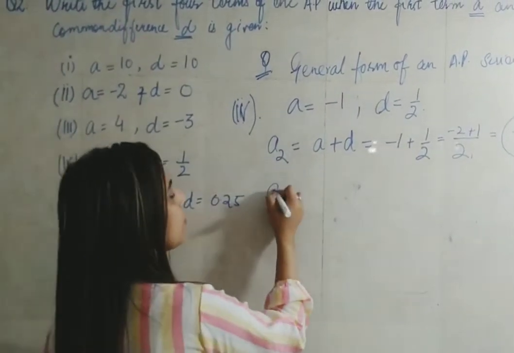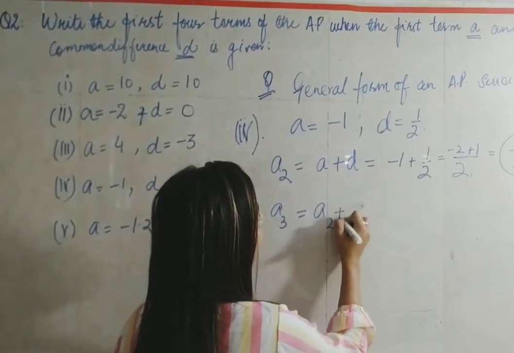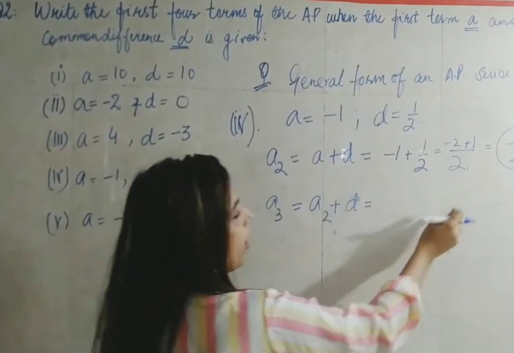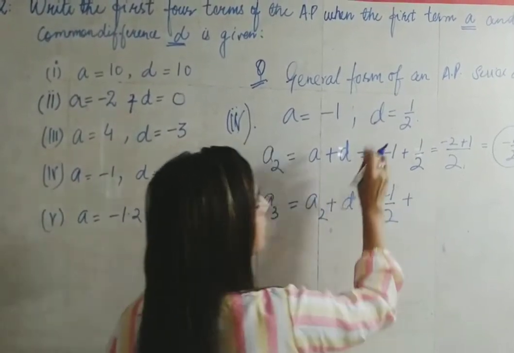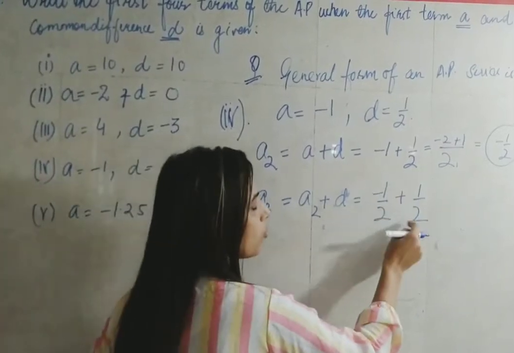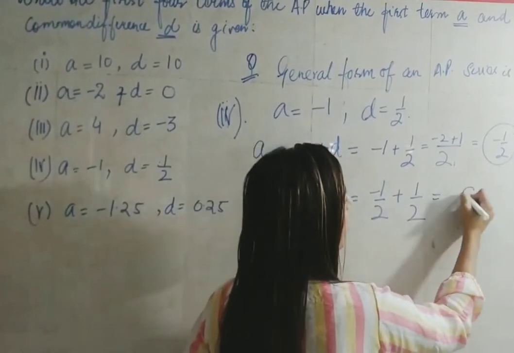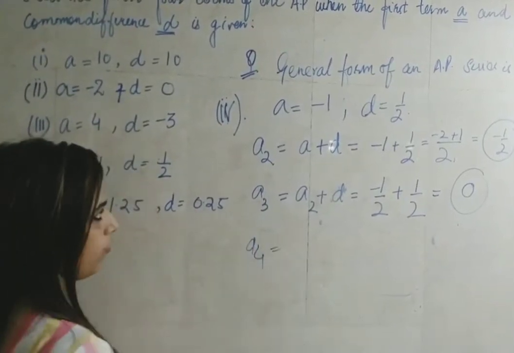Now A3 will be A2 plus D. As we know that A2 is minus 1 by 2 and D is 1 by 2. So this is negative, this is positive, it will cancel and we will get 0. Now let's find out A4 here.